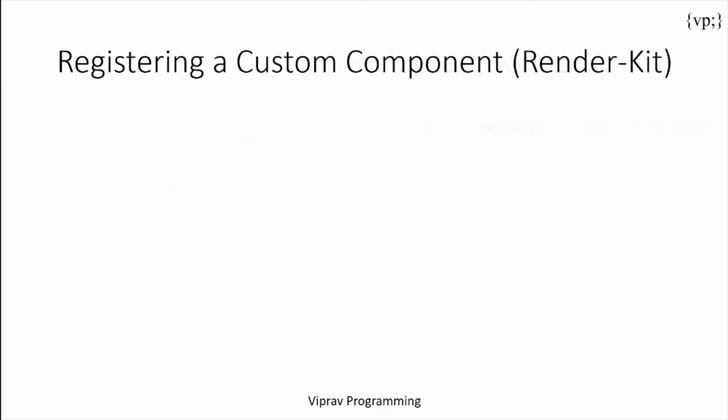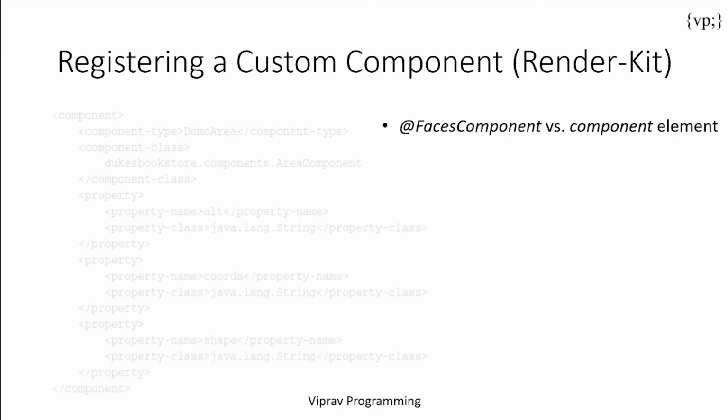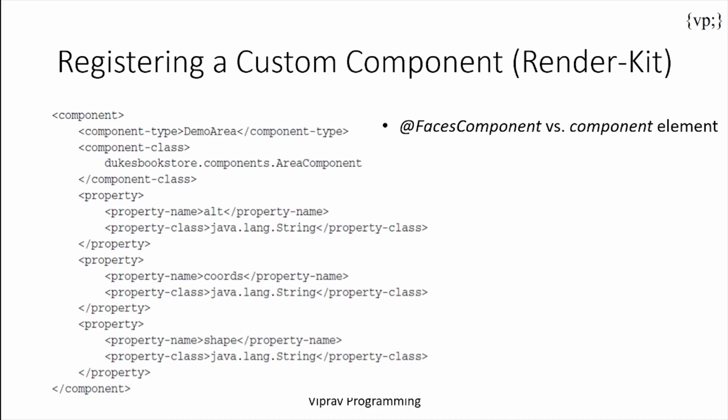in any other managed beans. So to register a custom component, it is similar to registering a custom renderer. You can either register a custom component programmatically with the @FacesComponent, or through the application configuration resource file with the component element. Again, anything described in the component element overrides anything in the @FacesComponent annotation.